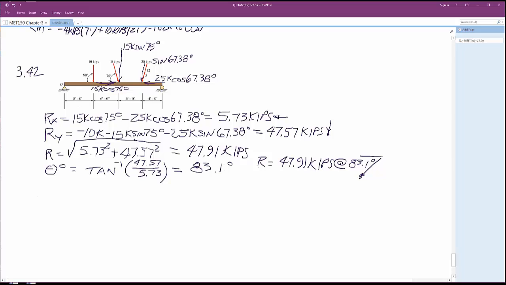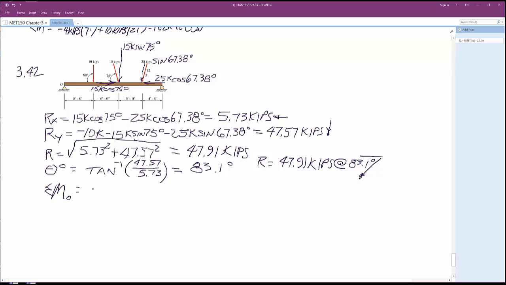Well, that's the biggest part of the story, but then we have to find out what X bar is. In other words, how far from O do we go over to put that in? And to do that, we're going to do a summation of the moments relative to O.